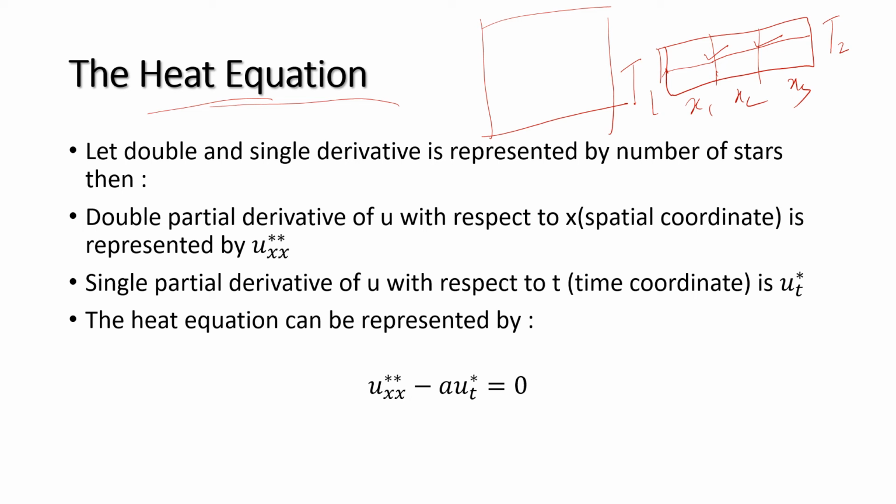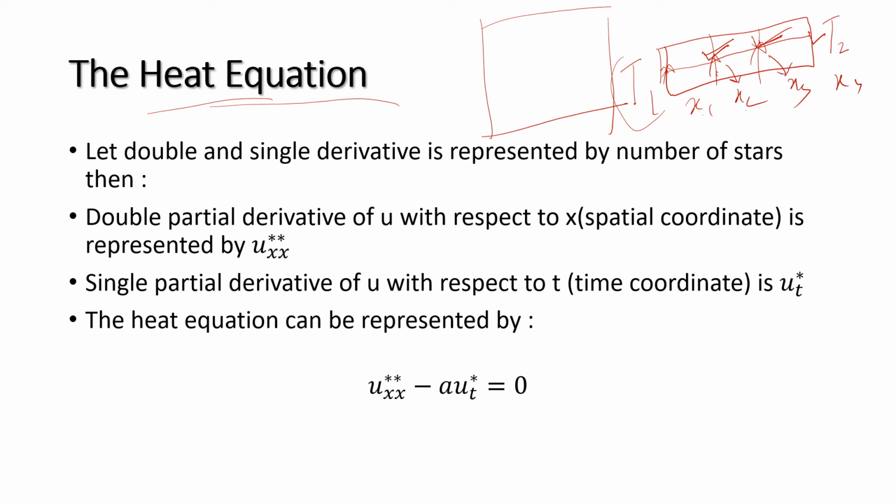And say for example, this is your x1, this is your x2. So I have to know what is the temperature at x2 and x3. So I already know the temperature at x1 and x4, right? And I want to know the temperature at these 2 points at the same time at which all these points are stable.